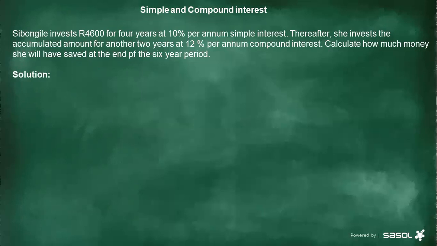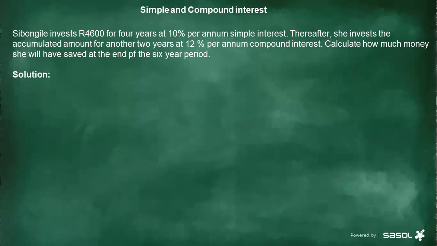Thereafter, she invests the accumulated amount for another 2 years at 12% per annum compound interest. Calculate how much money she will have saved at the end of the 6-year period.